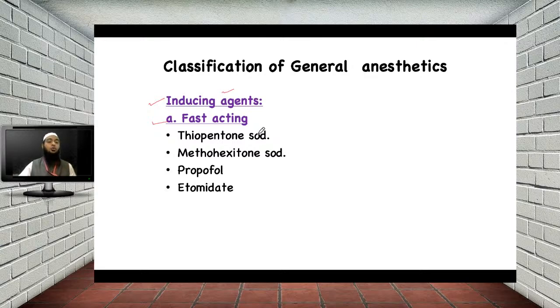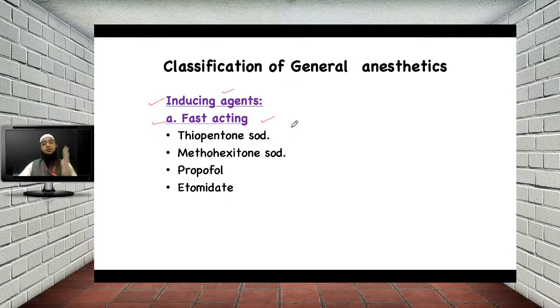So in order to increase the speed of anesthesia, or to have a very quick onset of anesthetic action, you can add a fast acting drug when you are using anesthetic drugs which are slow acting in nature. I hope you understood what the use of a fast acting drug is and when to use it.